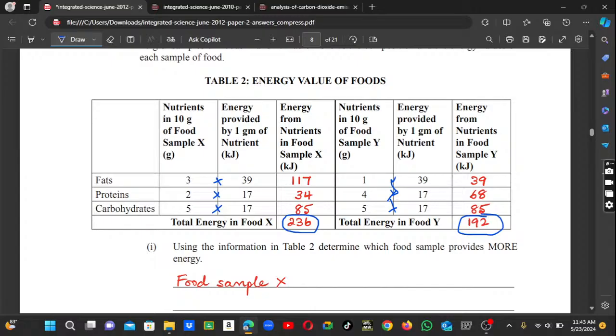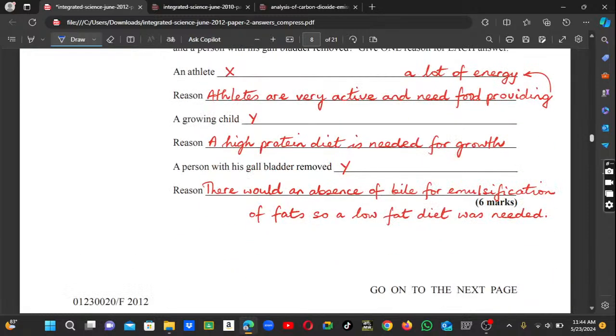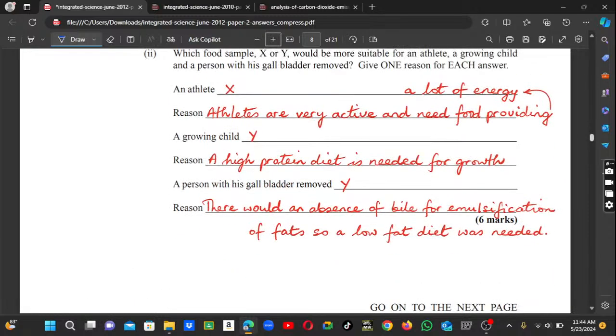So it says which food sample would best suit these food values in total. Good. Here it says which food sample, Y or X, would be suitable for athletes, growing children, or a person with the gallbladder removed. We need to give one reason for each answer.